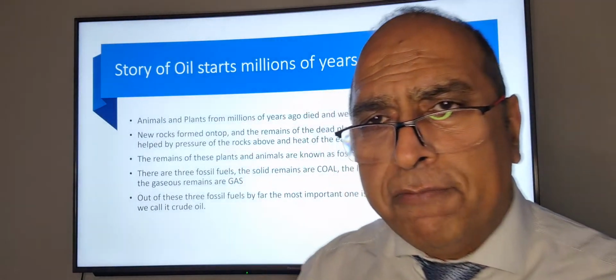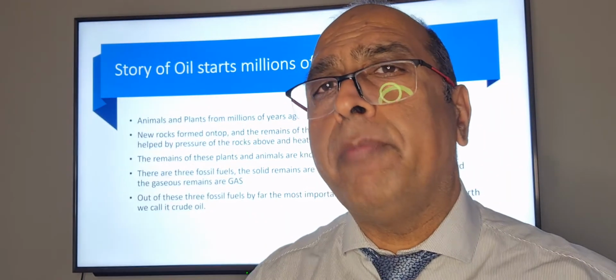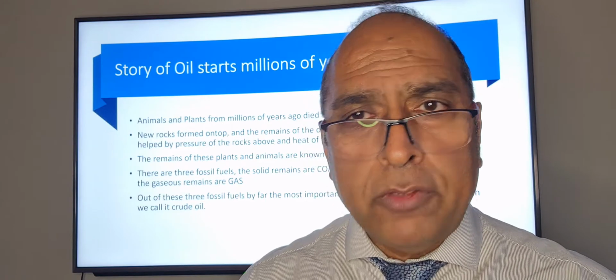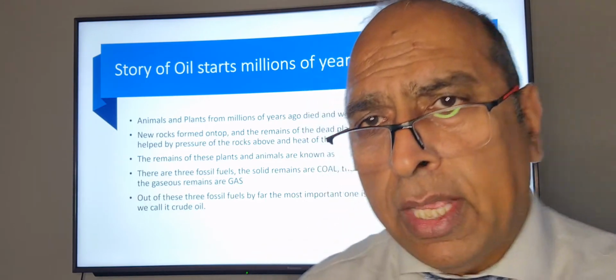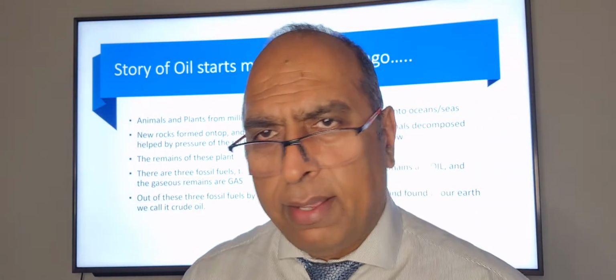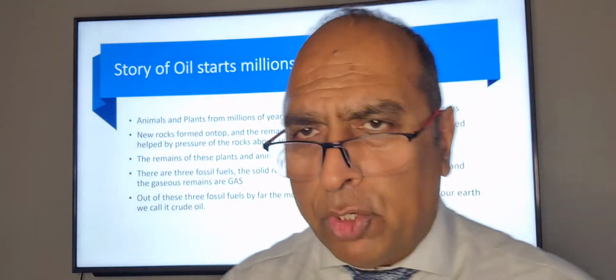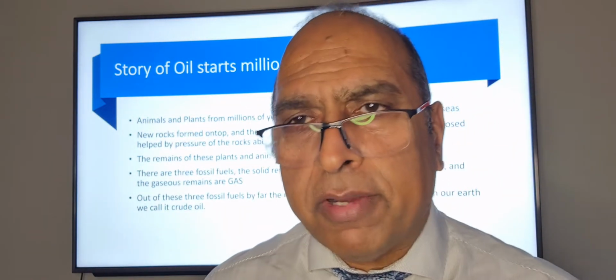There are three fossil fuels: coal, oil and gas. So the solid remains are the coal, the liquid remains are the oil, and the gaseous remains are what we call the gas. And typically we find gas above oil, and where the oil and the gas have escaped, then we just find coal.